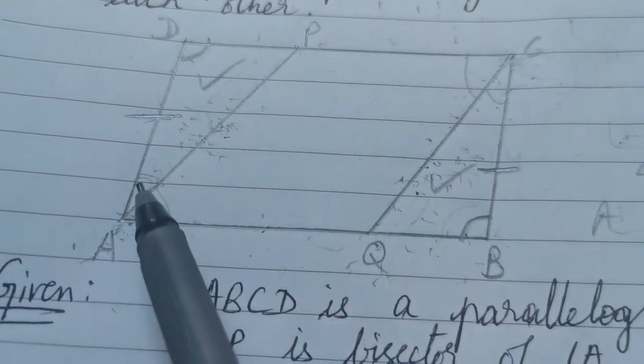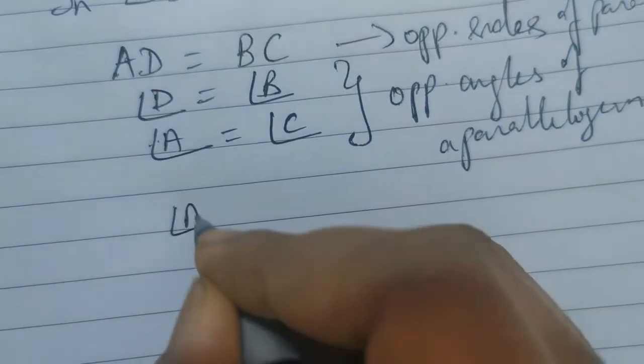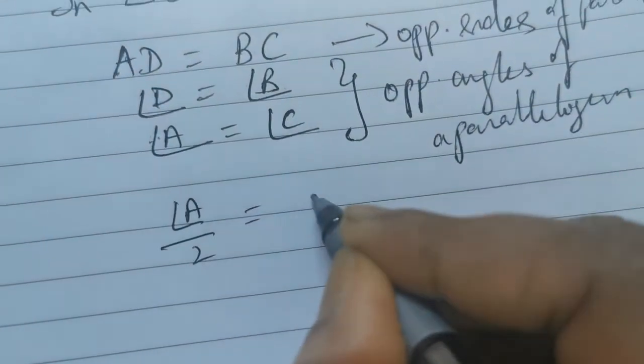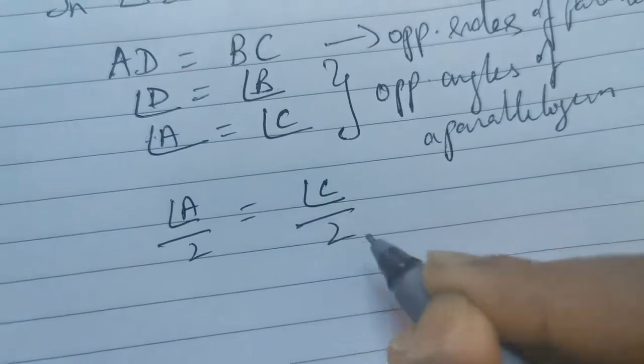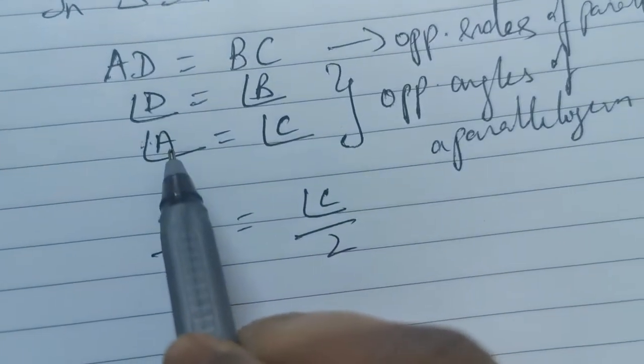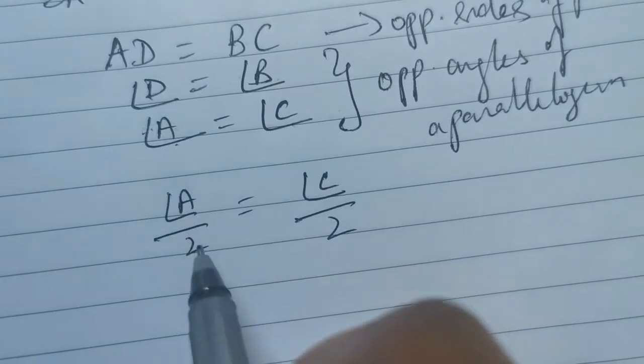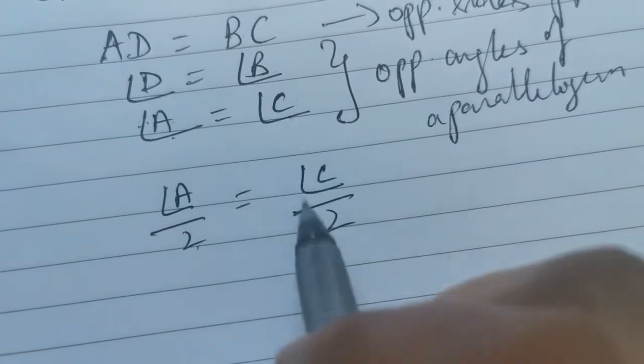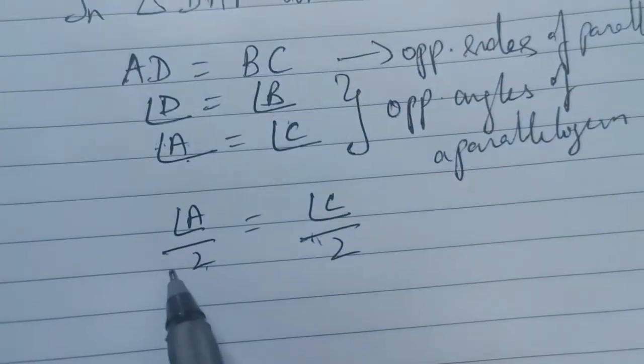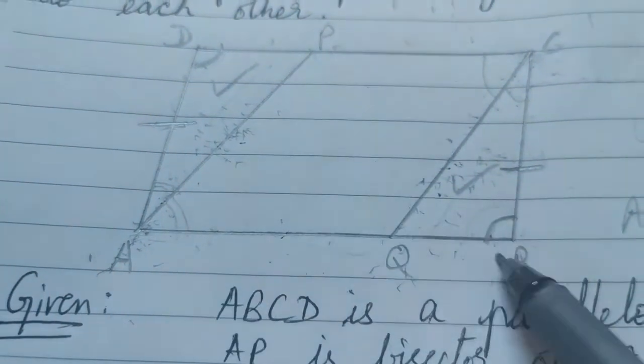So, if angle A and angle C are equal, their halves will also be equal. Half of angle A will be equal to half of angle C. Because if angle A is 80 degrees, angle C will also be 80 degrees. Half of 80 degrees is 40 degrees. The same way, half of C will also become 40 degrees. Therefore, half of angle A is DAP and PAQ.